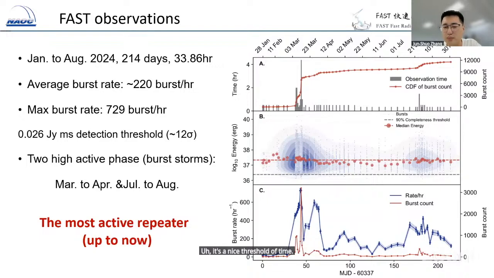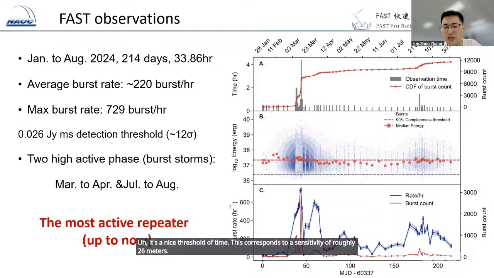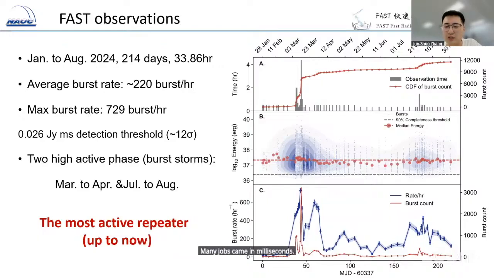This corresponds to a sensitivity of roughly 26 mJy ms. We identified two major active phases during this period. The first started from March to April, and the second happened between July and August.